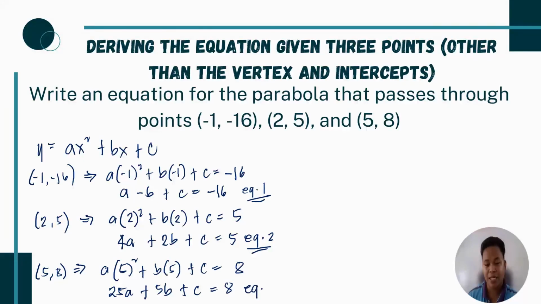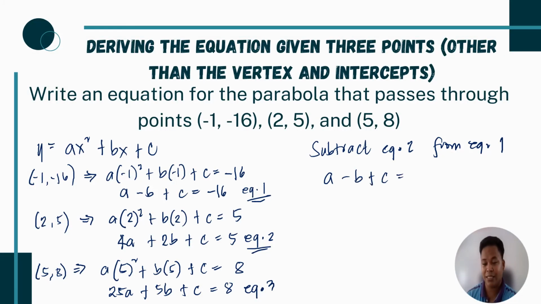We're going to subtract equation 2 from equation 1. We have equation 1, a minus b plus c is equal to -16.